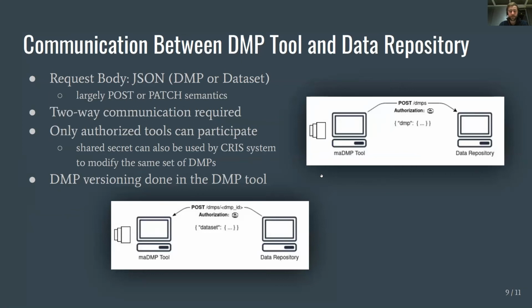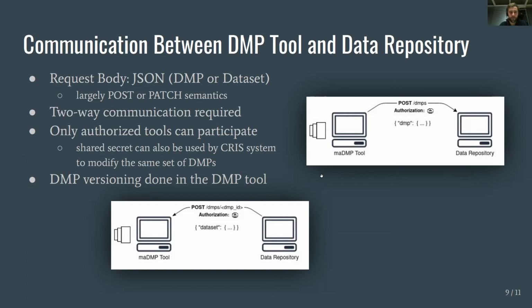So what does the communication currently look like? Well, it's a bidirectional communication with REST interfaces on both ends, because what else would it be if not REST? Then the content of the messages is largely MA DMP JSONs or part thereof.